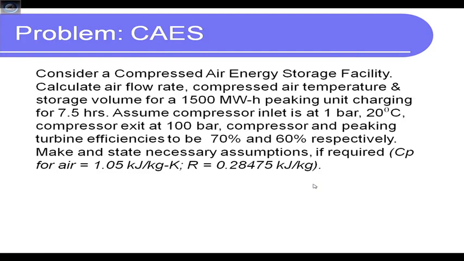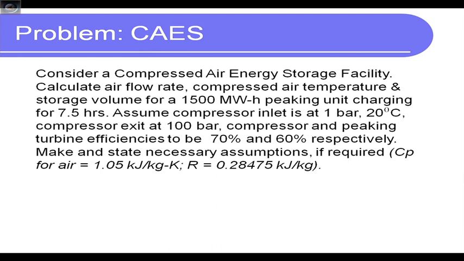Okay. So, the first problem that I have is from compressed air energy storage. Consider a compressed air energy storage facility, and we have to calculate airflow rate, compressed air temperature and storage volume. Several things are given.